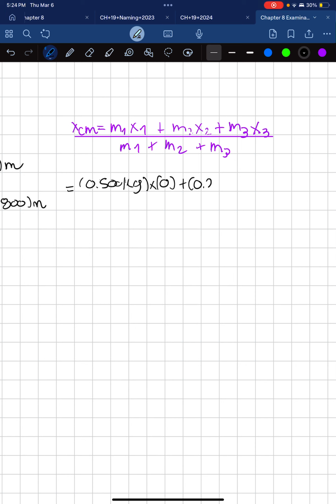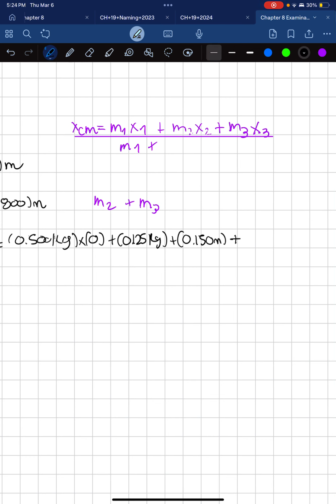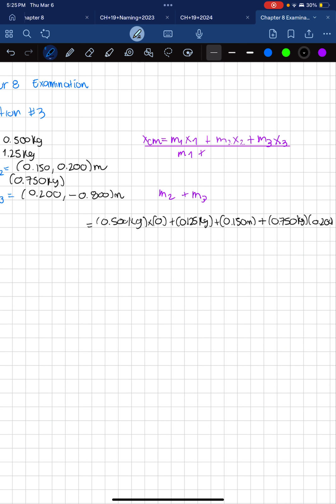Then we have this one over here, 1.25 kilograms times 0.150, which is going to be the x meters, plus the third mass, kilograms, times the x coordinate of this one. Okay, we have that. We know that it matches.